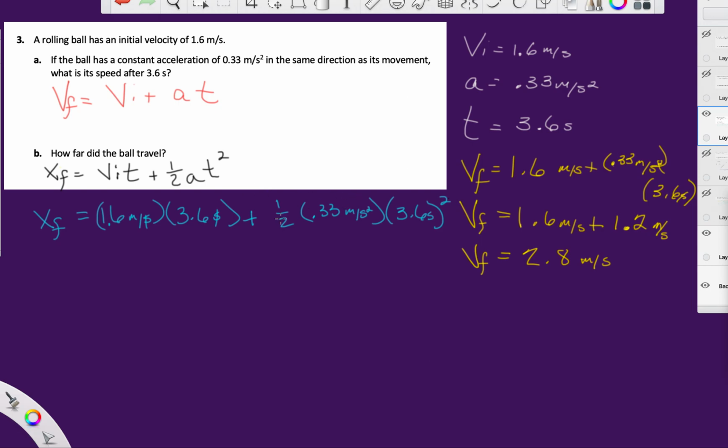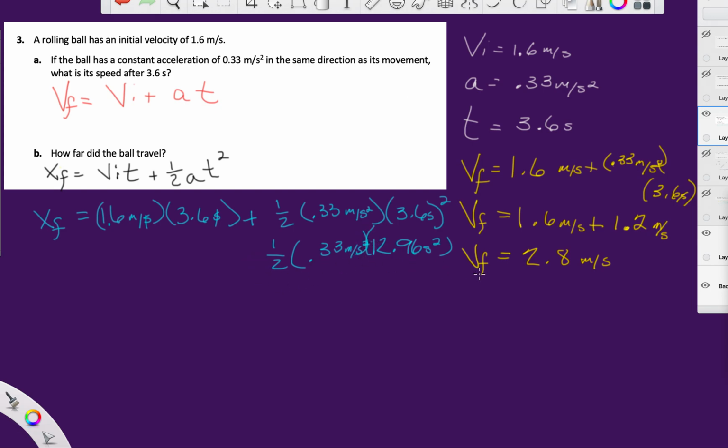I'm going to use, please excuse my dear Aunt Sally, and I'm going to square 3.6. And that comes to 12.96 seconds squared. Now, that's going to be multiplied by 1/2, which in turn is multiplied by 0.33 meters a second squared.